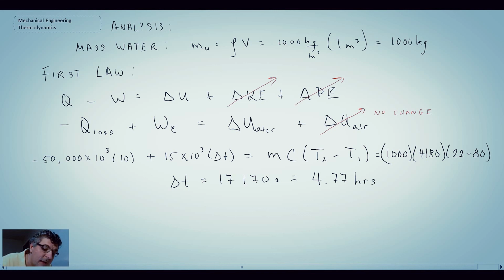So what that means is that we need to run the electric resistance heater for 4.77 hours out of the 10-hour evening in order to maintain the temperature of the house at 22 degrees C.